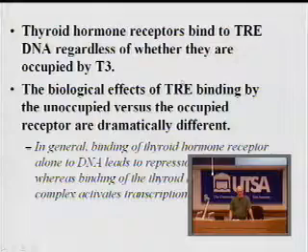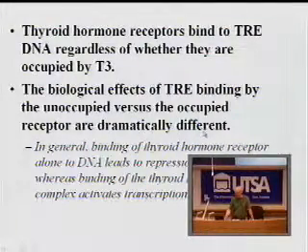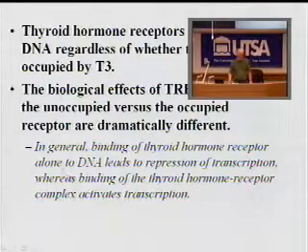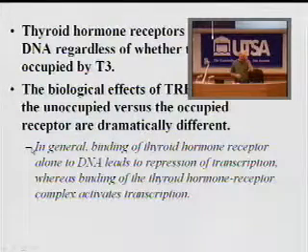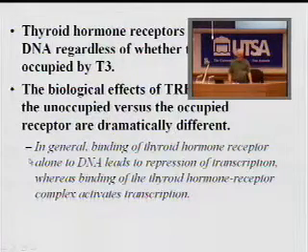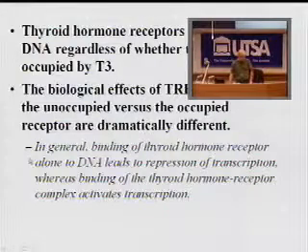The biological effects of TRE binding to the unoccupied versus the occupied receptor are dramatically different, and we'll look at some specific details of this to help understand, exemplify how these transcription factors impact DNA and have effects on increasing or decreasing the statistical likelihood or frequency with which RNA polymerase might be able to bind to the initiation site, thereby impacting expression rate.